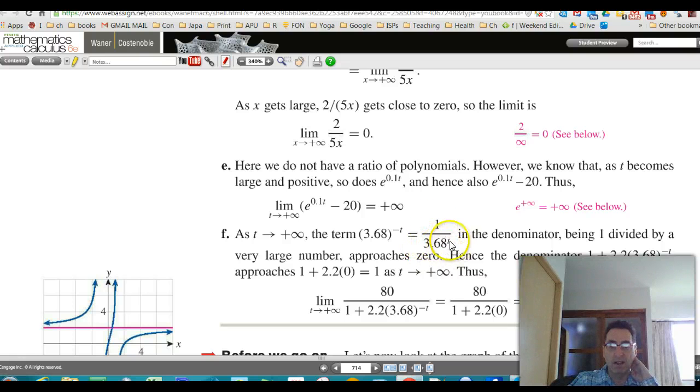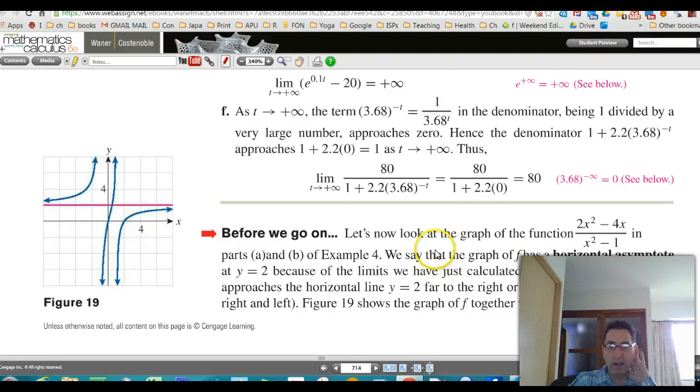This thing gets bigger and bigger. So this is going to 0. Hence the denominator, this part here, is going to 1 plus 2 times 0, which is just 1. And so on the top we have 80, on the bottom we have 1, so we get 80.